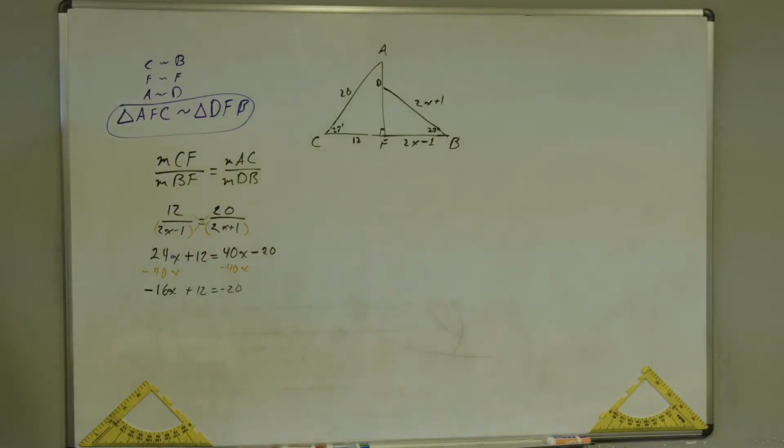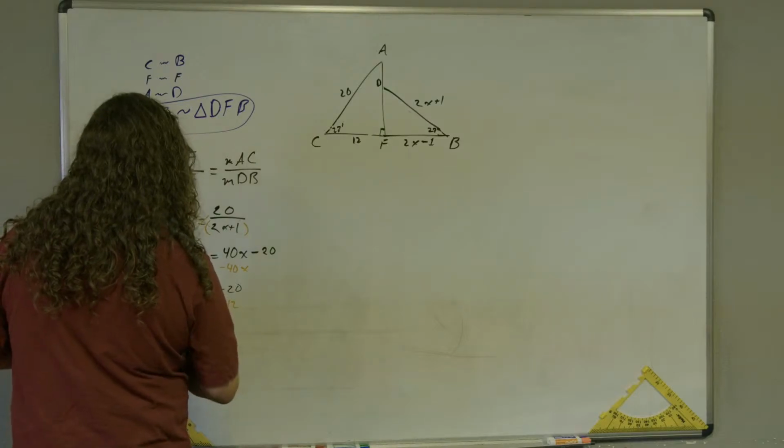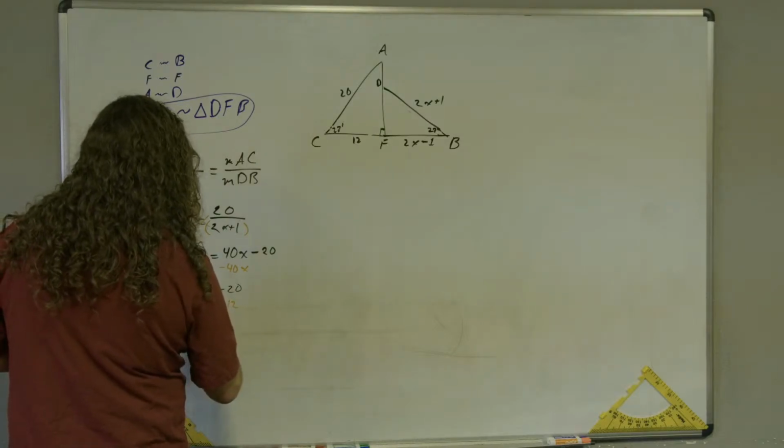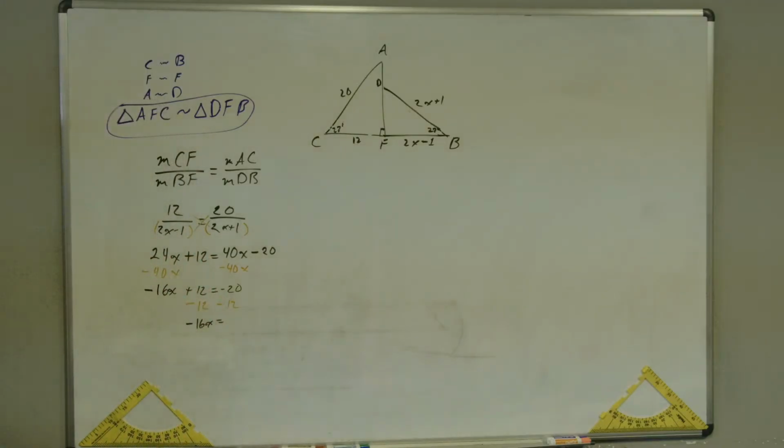Now what? Subtract 12. Sounds fine and dandy. Negative 16x equals what? Negative 32.